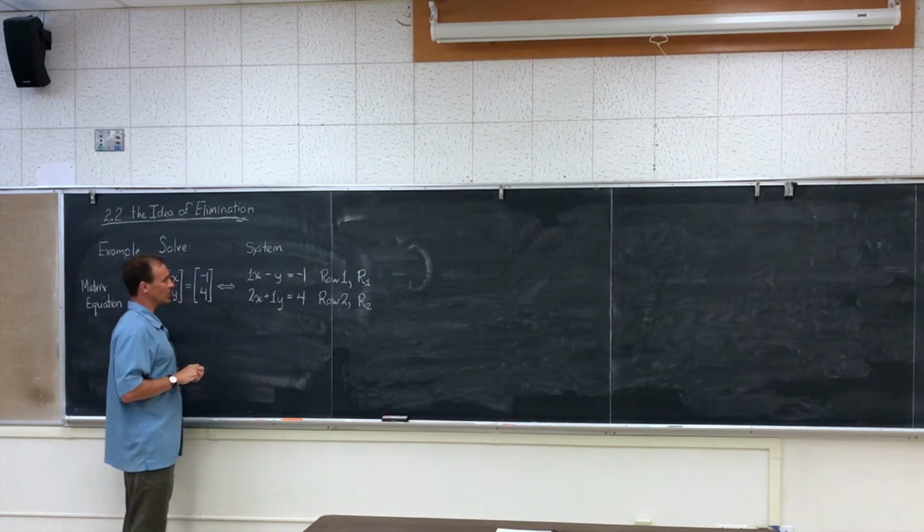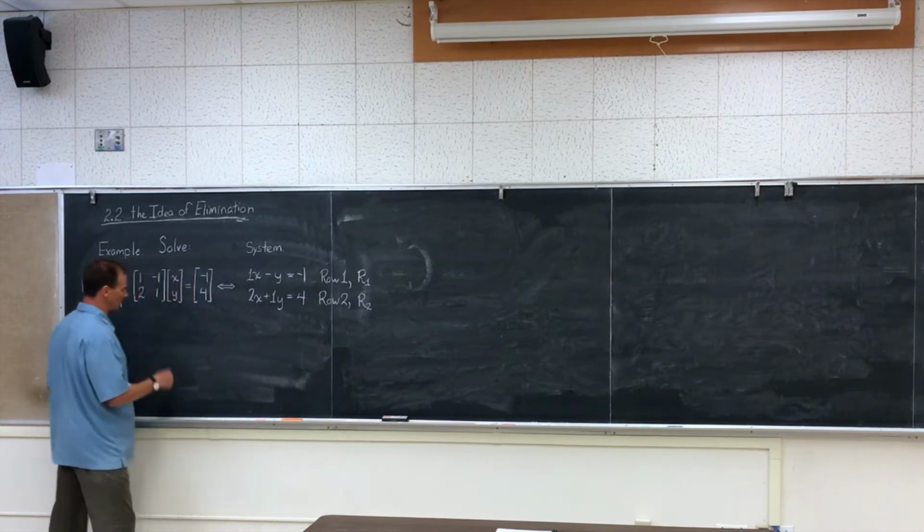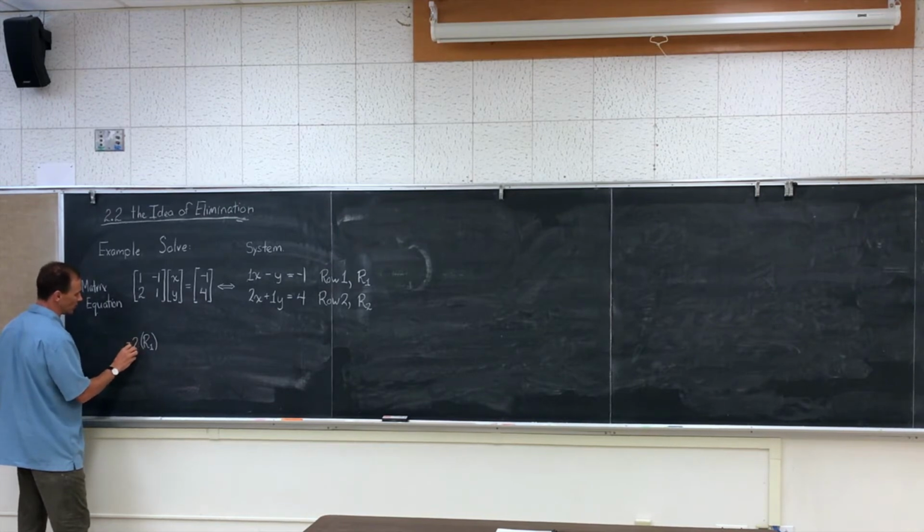Now, when you first learned to do this, you might have said, well, let's take row 1 and multiply that by -2.